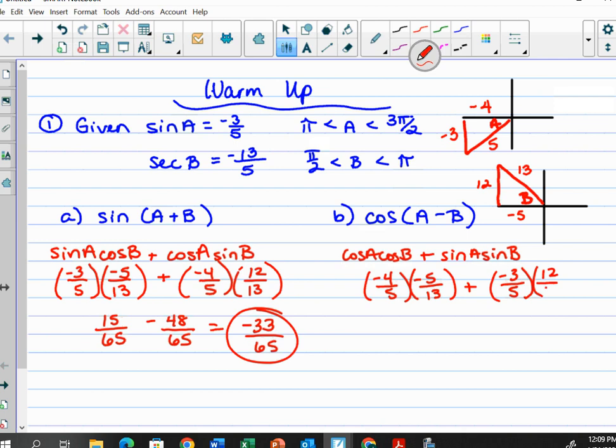Sine of B, opposite over hypotenuse. Are we okay with finding those, the sines and the cosines? Okay, we remember that from before. Then it's multiplying. This is going to be +20 over 65 minus 36 over 65. For this one, you get -16 over 65.